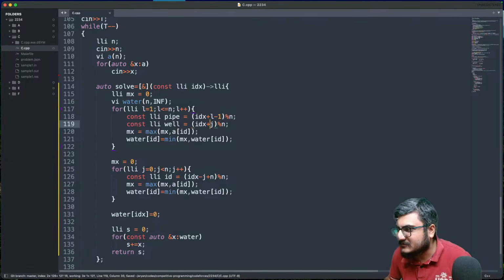Well, you would be at IDX plus L. You take the max of the pipe height and you put the max at the well.